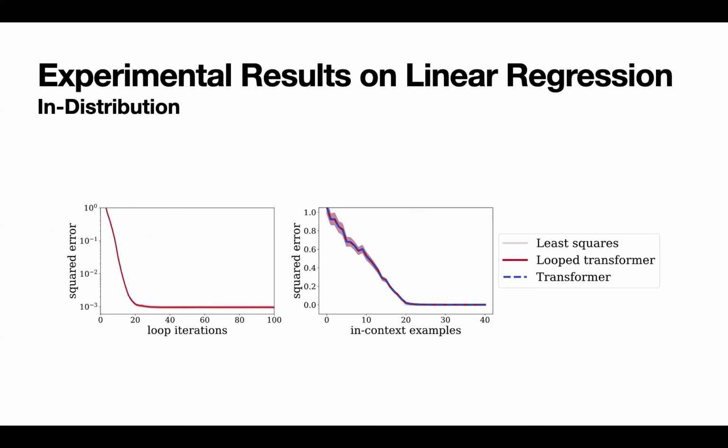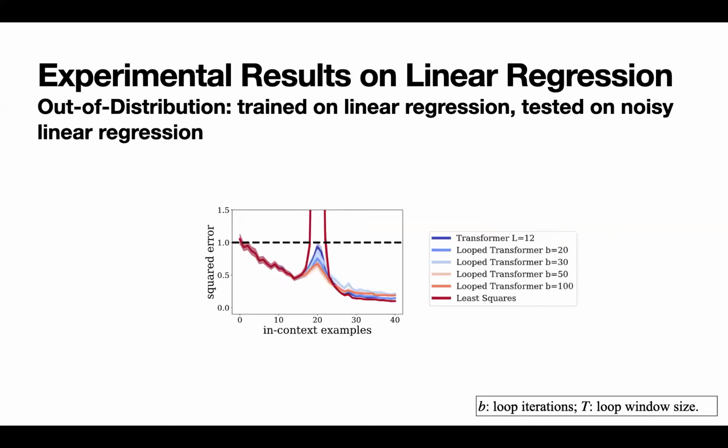When I say in distribution, I mean that during inference you sample a new W and a new set of X, Y, but from the same distribution. When we do this, it matches the transformer almost perfectly and is able to find approximated fixed point solutions.